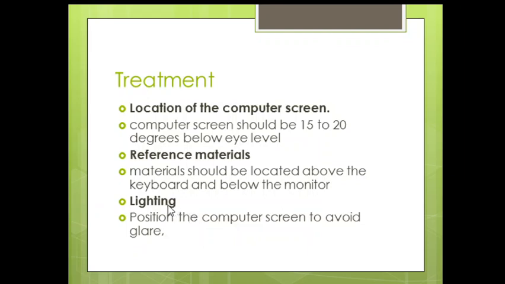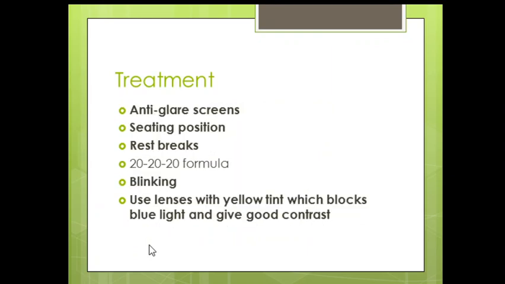The lighting position should also be good. An anti-glare screen can also be used to treat computer vision syndrome. Sitting position, as we already discussed, has to be proper. You should take a good chair with a good backrest, and your eye level has to be 15 to 20 degrees above your screen.